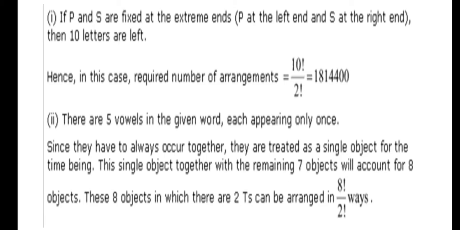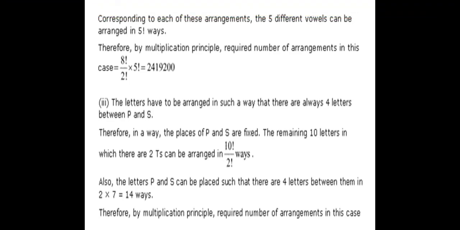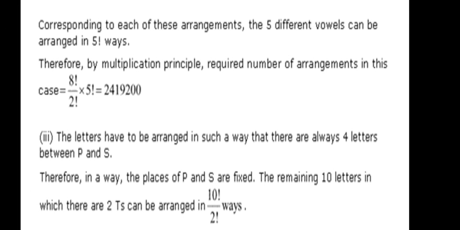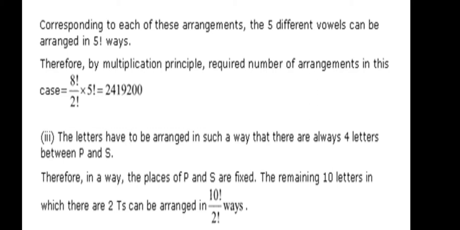Out of the 8 objects, only T is repeated 2 times, so factorial 8 by factorial 2. Correspondingly, the vowels arrangement can be done in factorial 5 ways. So the total number of permutations will be factorial 8 by factorial 2 into factorial 5, and after calculation it will be 2419200.